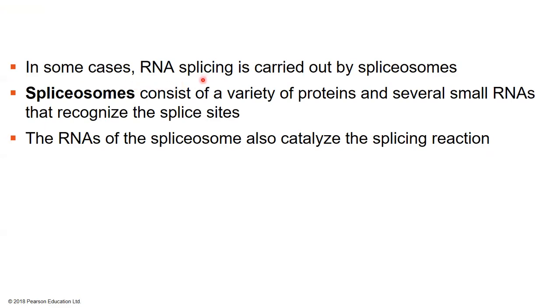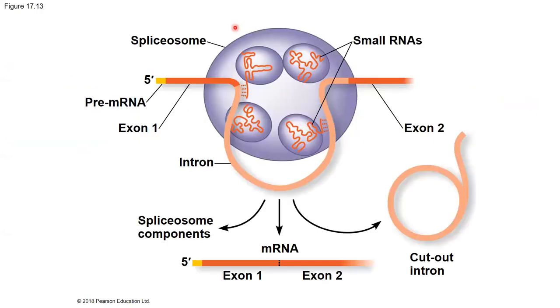RNA splicing is carried out by a large complex of proteins and enzymes called the spliceosome. The spliceosome contains proteins and some RNA molecules, and it will bind to the pre-mRNA.